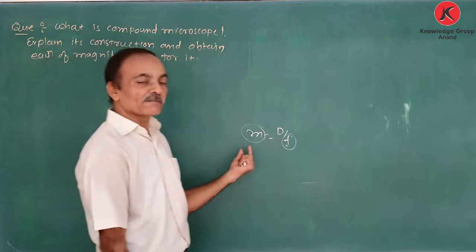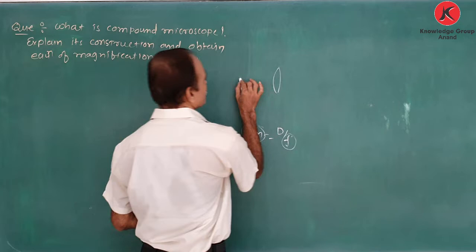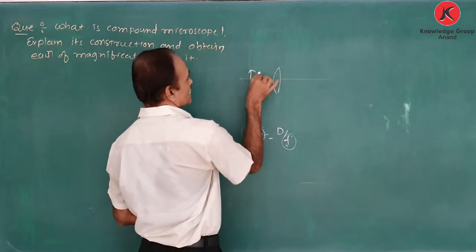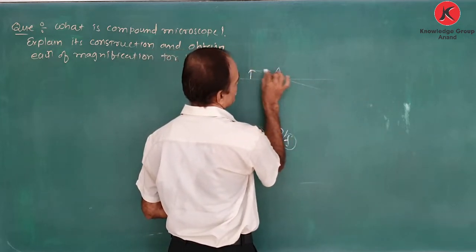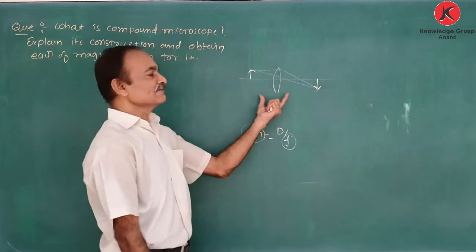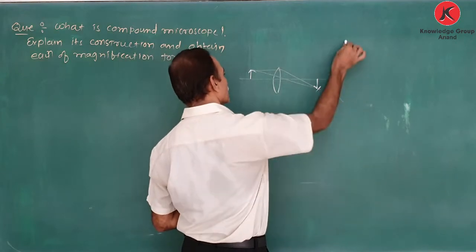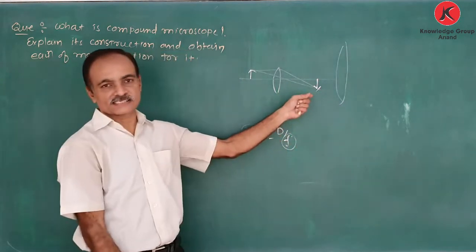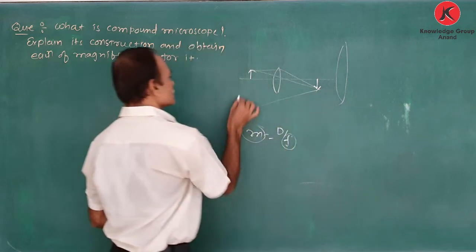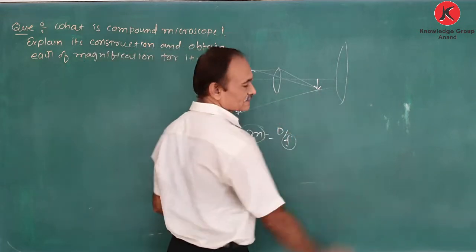The principle of the compound microscope is that whatever image is formed by the simple convex lens, that image acts as a virtual object for another lens, and its enlarged image is formed at infinite distance.